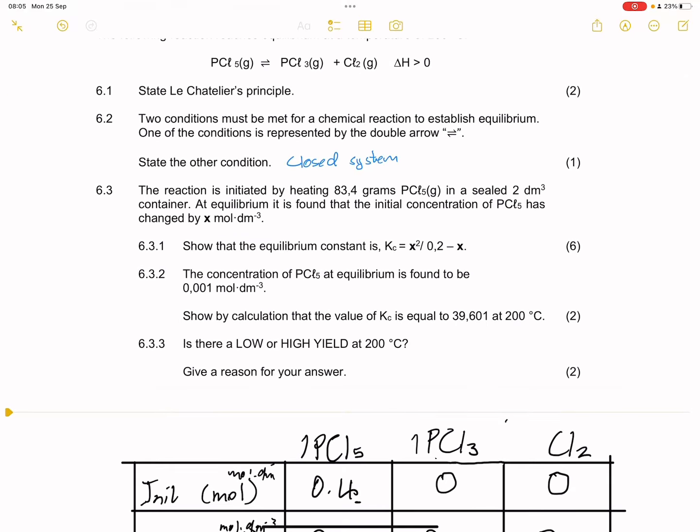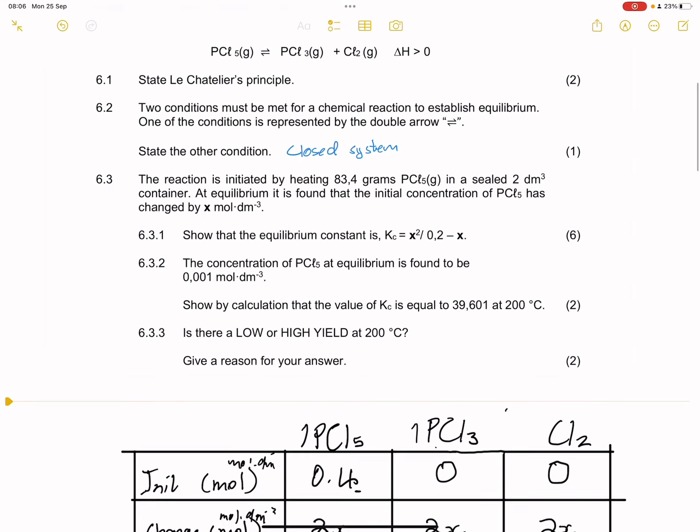Let's find the next question. They say to us, the concentration of PCl5 at equilibrium is found to be 0.001 moles per cubic decimeters. Show by calculation that the value of Kc is equal to 39.601.